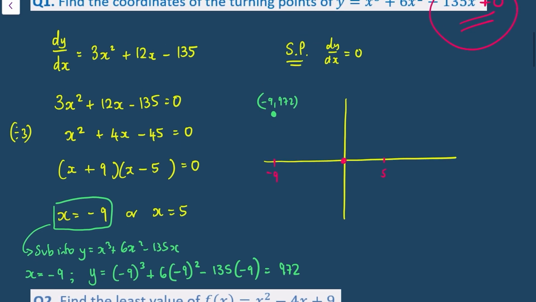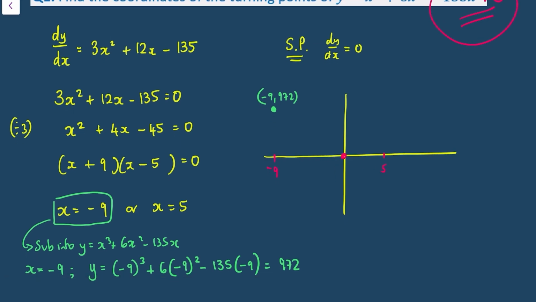I do the same for when x is equal to 5. I'm going to sub that all in. I get y equals 5 cubed plus 6 times 5 squared minus 135 times 5, and that gives me negative 400. So I then know at 5 and negative 400, I will have a turning point.